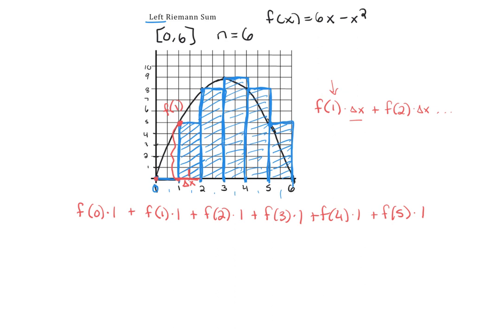And notice how I don't do an f of 6 because it's a left Riemann sum. That would be over here. So f of 5 times 1 is our last one.